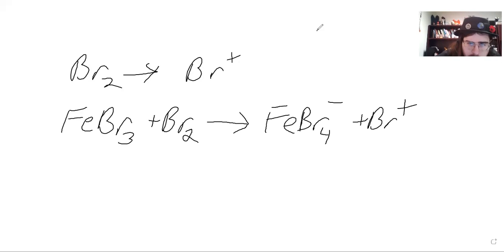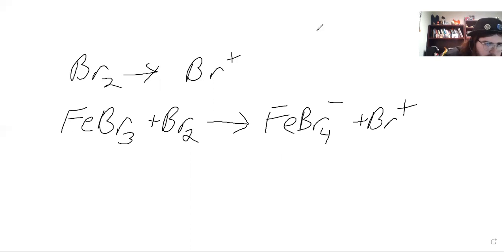That's our activator that's going to allow us to do the reaction.